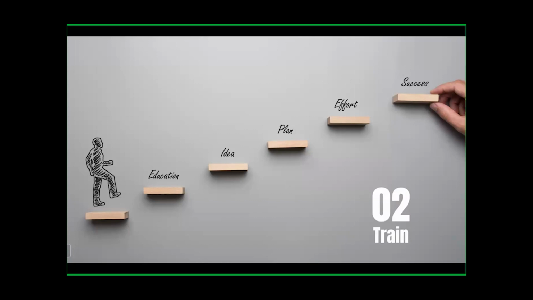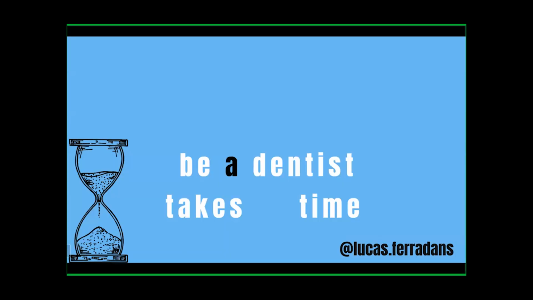You can spend 10 years training the same thing and not getting better. And the third point is patience. A big friend of mine, Lucas Ferradans, always says this phrase: "Being a dentist takes time." So we need to be patient and train a lot because our profession is an endless staircase.